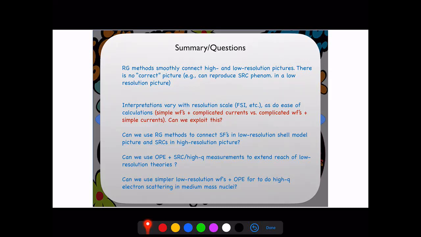Yeah, that's interesting. Pavel, you're next. So if you try to calculate high momentum tails with Green's functions, then you get a characteristic fall off of momentum tails like 1 over the square of the kinetic energy.